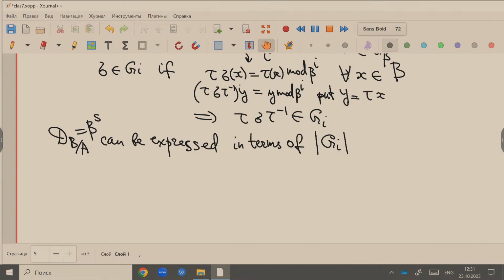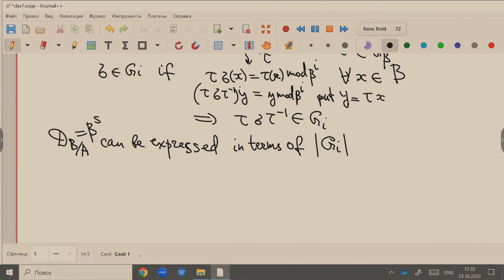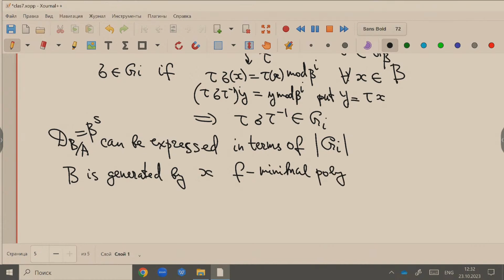So again, B is generated over A by one element, by x. So f is the minimal polynomial. And now we have to calculate f prime of x, so we have to take the valuation of f prime of x with respect to beta.